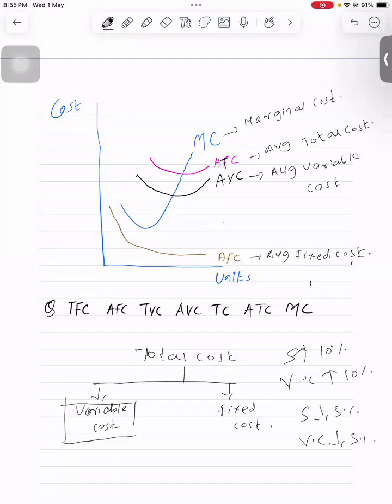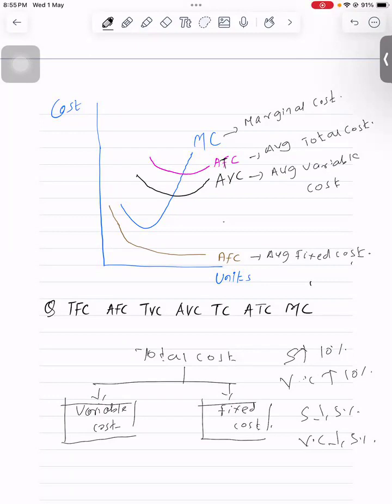So variable cost has a direct relation with sales. Now, what about fixed cost? Fixed cost does not have any relation with sales. That's why the name is fixed. These costs will remain fixed. So whether your sales increase or decrease, these costs will stay fixed.